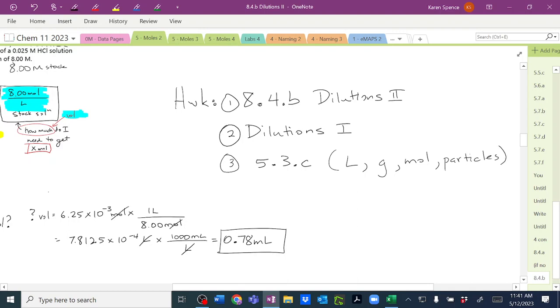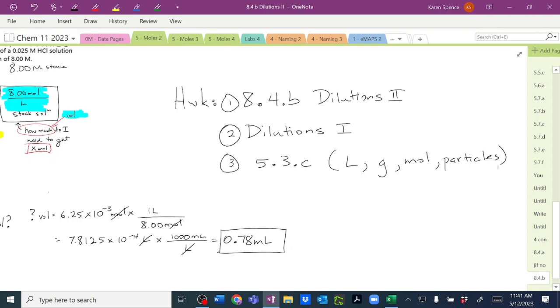And lastly, for your quiz, you should also be looking at 5.3a.